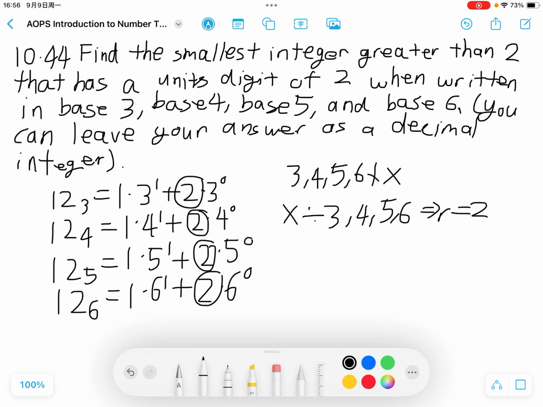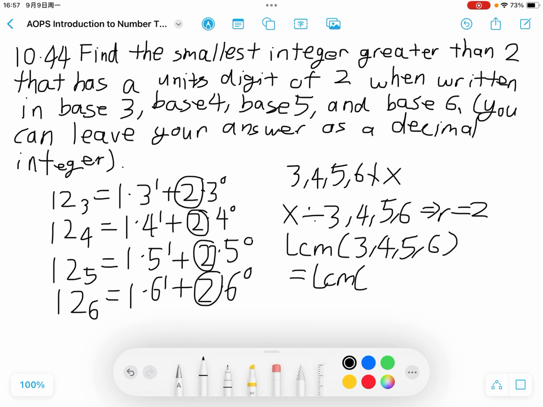So how do we find such a number? One way to do this is to find the lowest common multiple of 3, 4, 5, 6, and then add 2 to that number. So the LCM of 3, 4, 5, 6. Now we know that the LCM of 3 and 4 is 12.